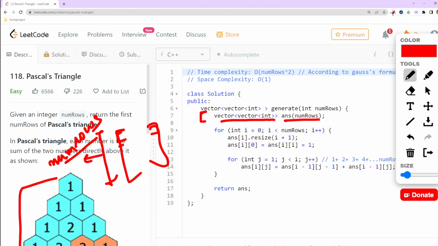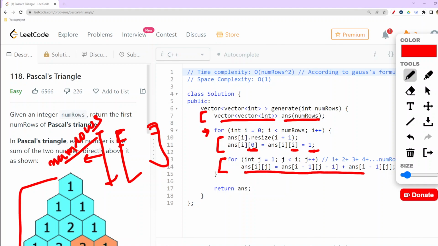Now comes the part that we are required to iterate over each row. For iterating over each row, first we would be resizing our row and adding 1 to our boundaries. So this is what we are doing. This is for our first boundary, that is our leftmost boundary, and this is for our rightmost boundary. Now comes the next part, our transition and state.